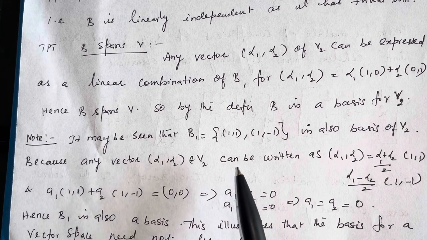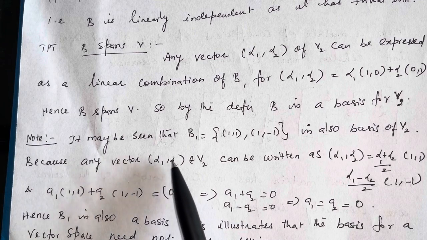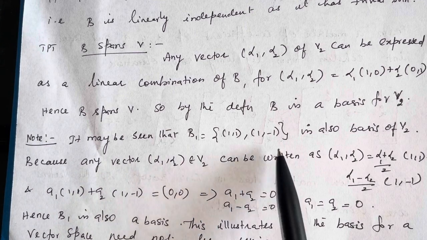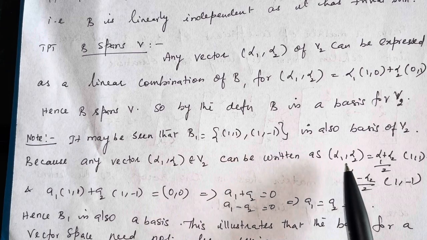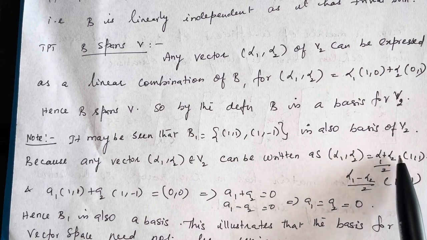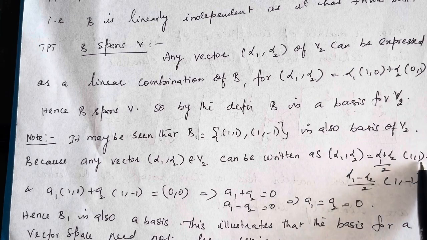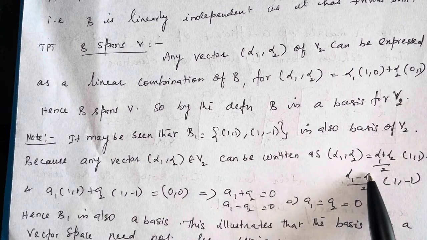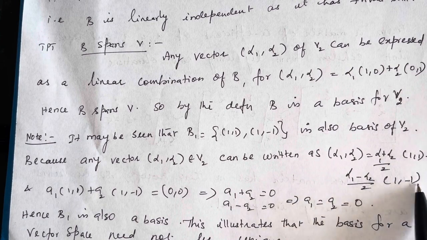Now the second condition, it has to span V. For a vector (alpha 1, alpha 2) belonging to V2, I am able to write this vector as (alpha 1, alpha 2) equal to (alpha 1 plus alpha 2) by 2 into (1, 1) plus (alpha 1 minus alpha 2) by 2 into (1, -1).